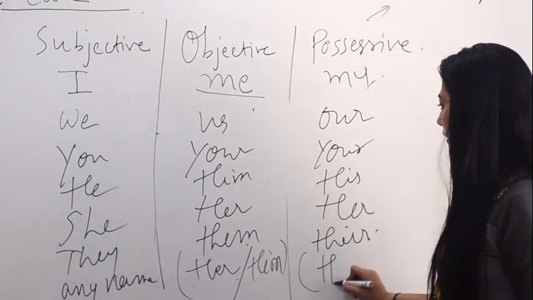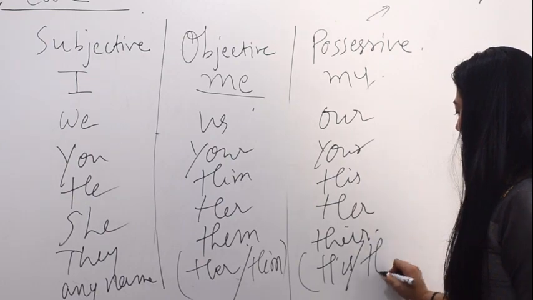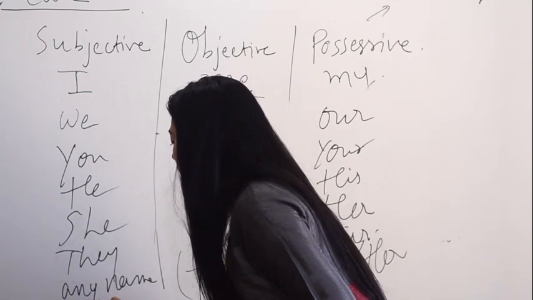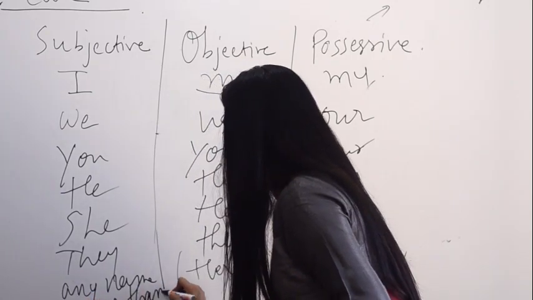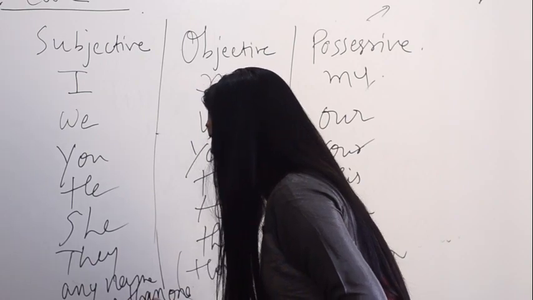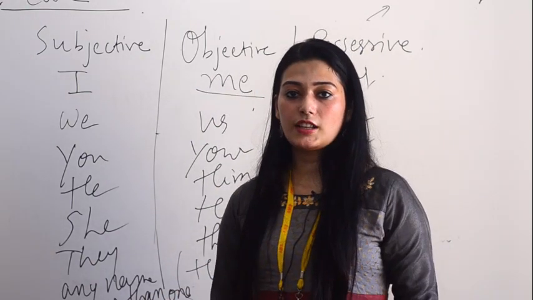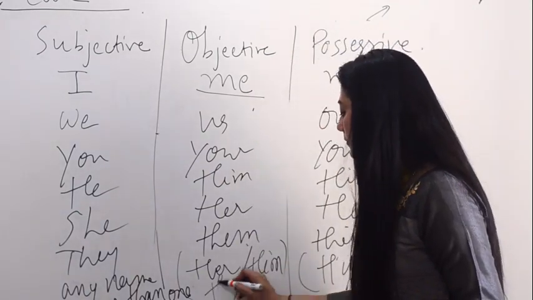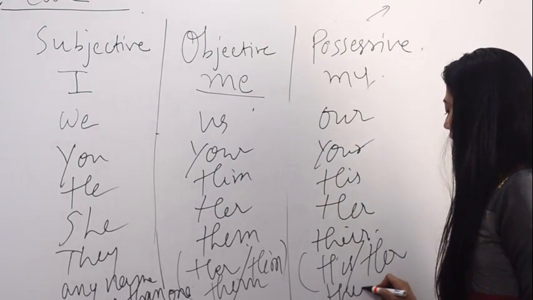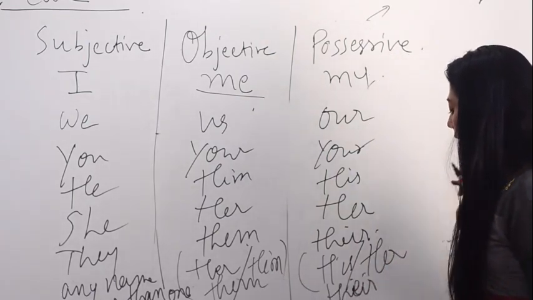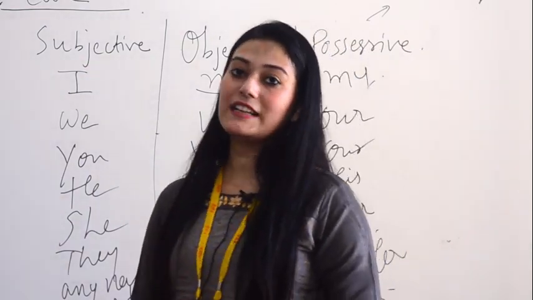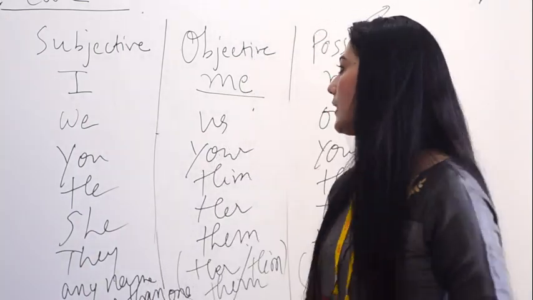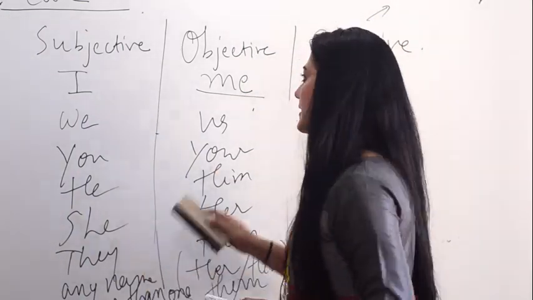In the same way, his, her. And if there are more than one name, for example, Tom and Jerry, Sita and Geeta, Ram and Mohan, then them and their. Please keep in mind the spelling of their. Do not write there, that means denoting some place. Now moving on to present simple tense.